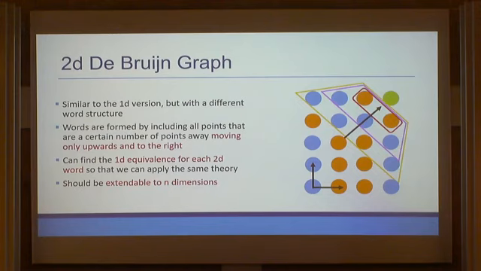So a 1-word 2D de Bruijn graph is a 2-word 1D de Bruijn graph, and a 2-word 2D de Bruijn graph is a 5-word 1D de Bruijn graph. And that means that I can do all of the inference I did on the 1D case, but now applied to the 2D version. And because I can do that, it should hopefully also be extendable to n dimensions.